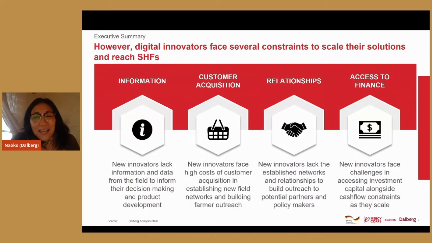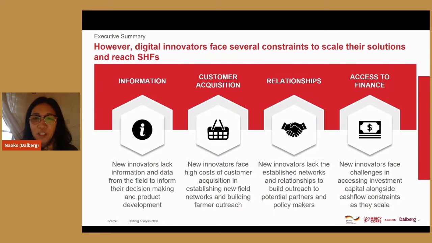But when we look at the tech innovators, especially the relatively emerging and new startup tech innovators, they have a dynamism. However, they face several constraints to scale their solutions beyond their pilot and reach a large number of smallholder farmers. Why is that? Because they lack information. They lack how to get to the farmers, and they have limited resources to understand the customers.